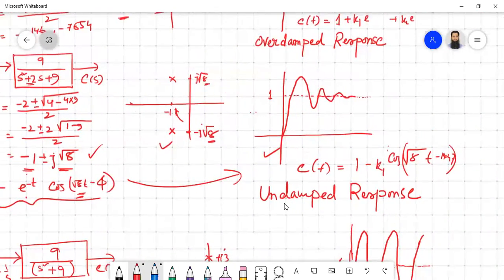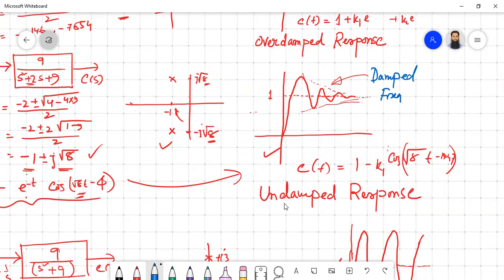And the frequency that we have in the previous case is definitely not the natural frequency, but a combination of the natural frequency with damping. So the frequency of that one is known as the damped frequency of oscillation.